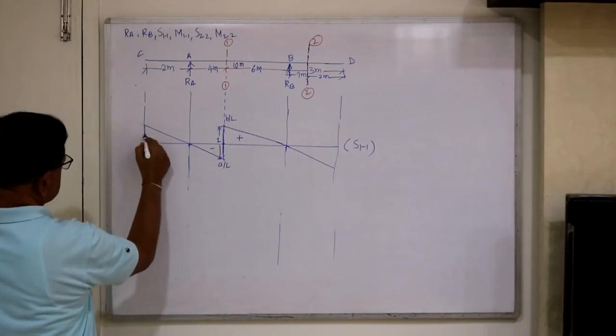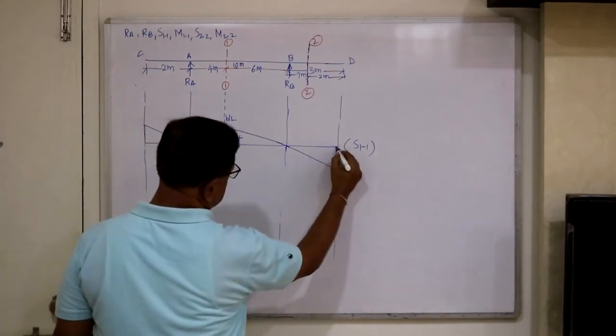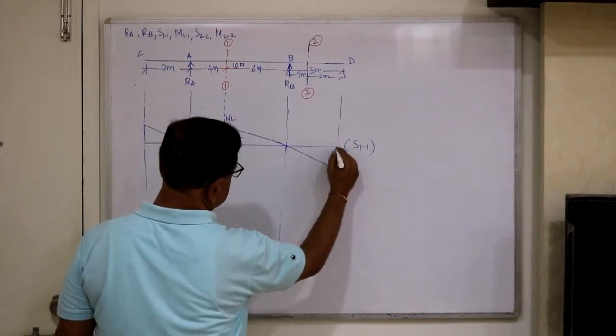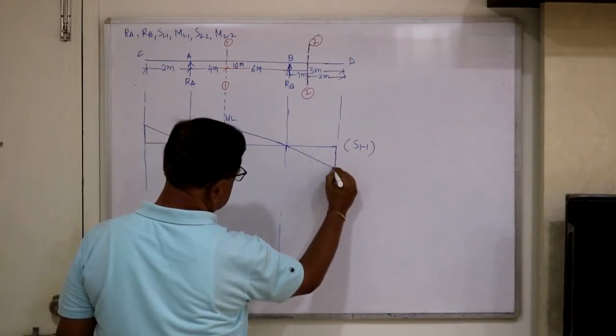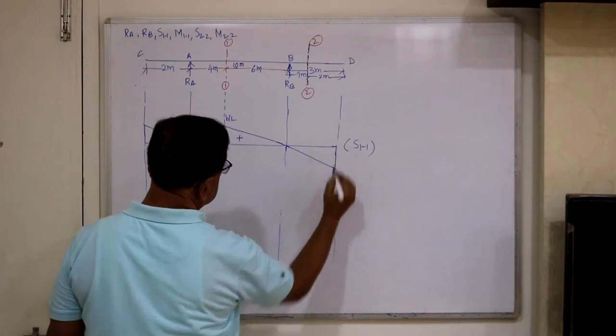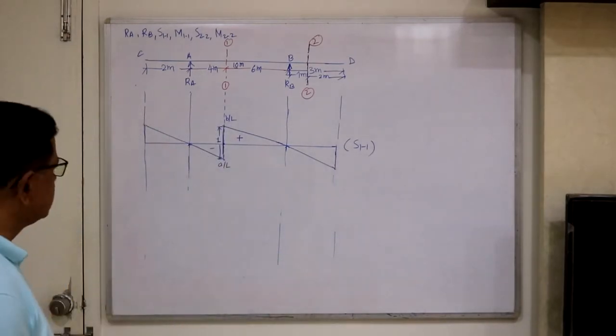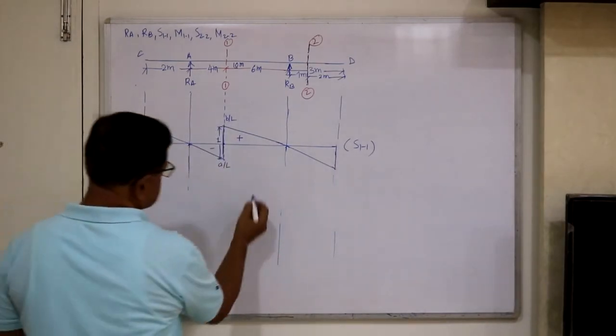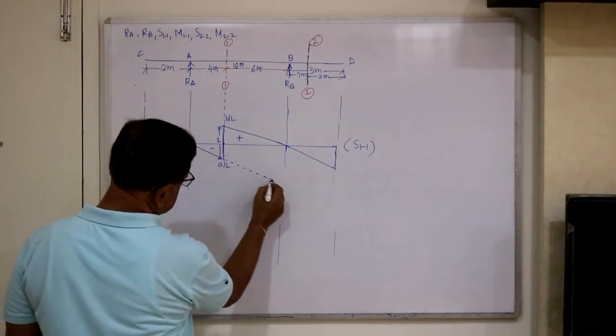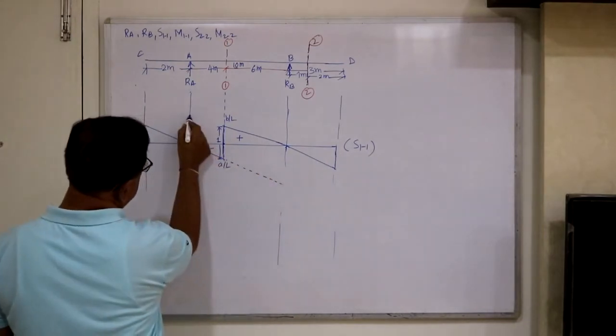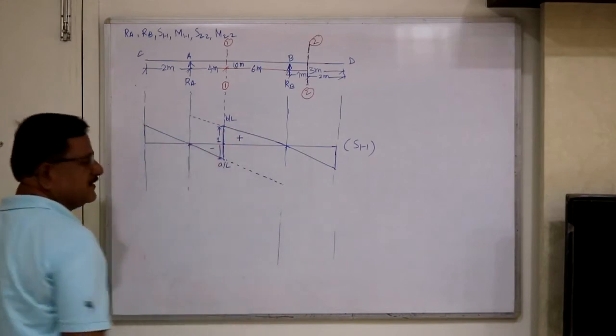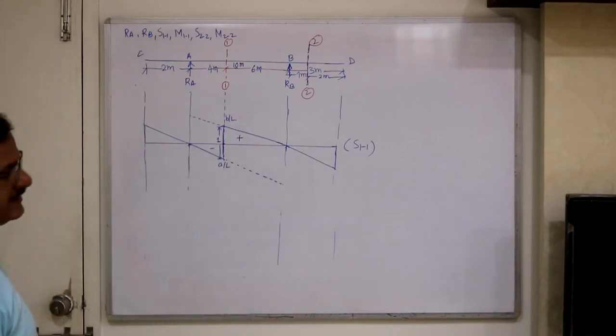Say these ordinates we have to find out. So these ordinates, let's calculate by using symmetrical triangle. Or see, suppose if you extend this, this will become 1. If you extend this, this will be 1. Like an SFD, ILD for shear force for RA and RB.